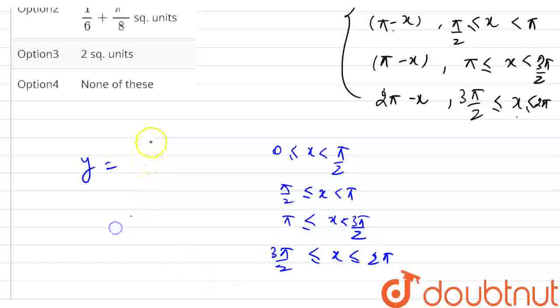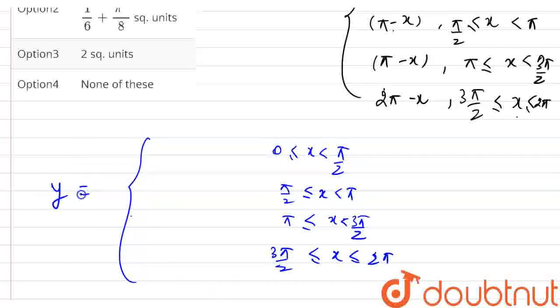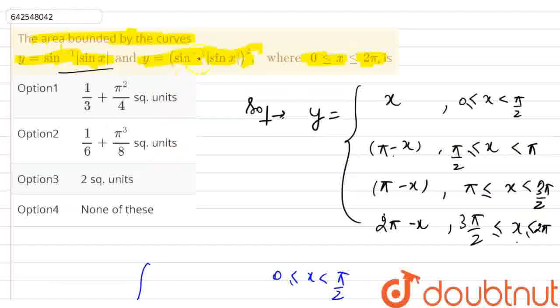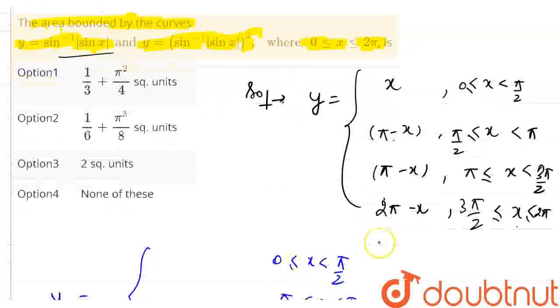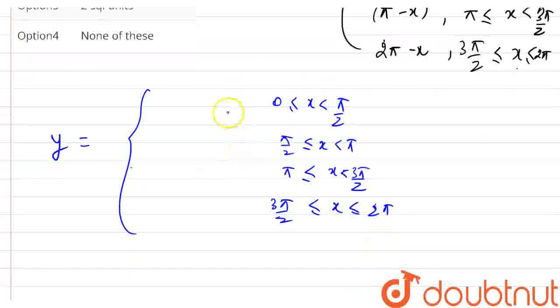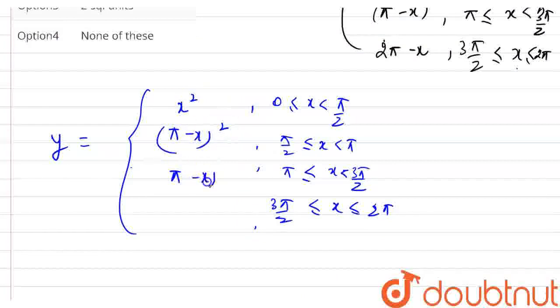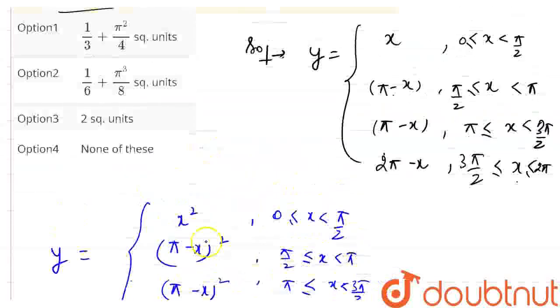For these angles there is no great change, it is basically the square of this thing. So I'm writing the squares: I'll get x square, pi minus x whole square, here also pi minus x whole square, and here 2 pi minus x whole square, because they are the squares of these.